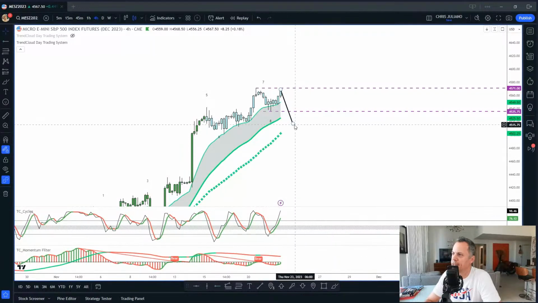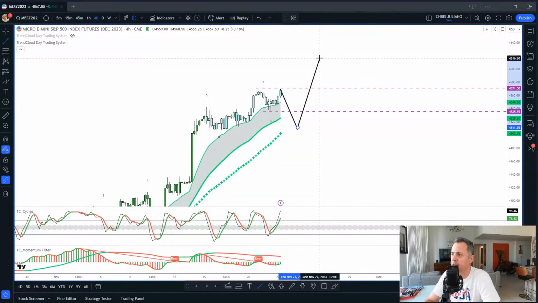Now, some people say trend reversal. What I'm saying is that the uptrend has been terminated. This is a termination of the uptrend.